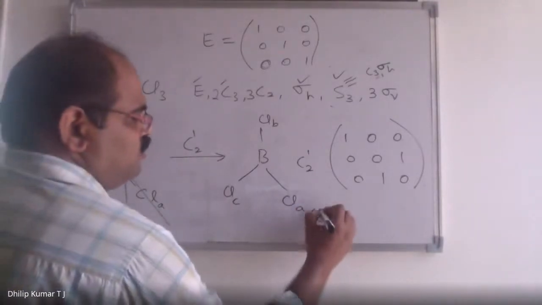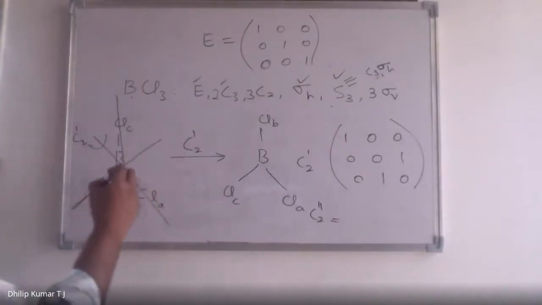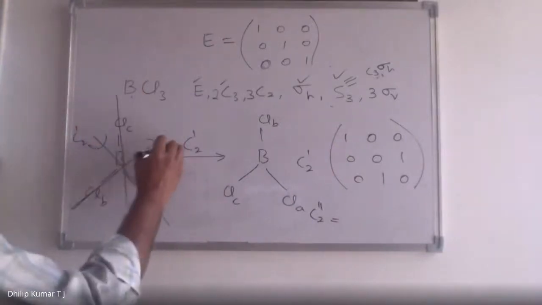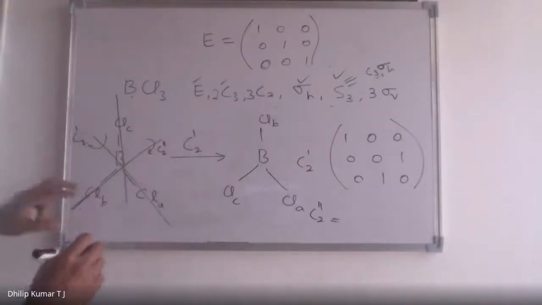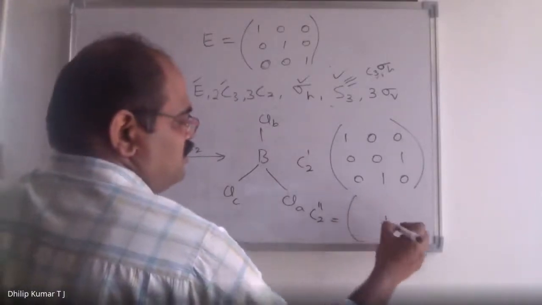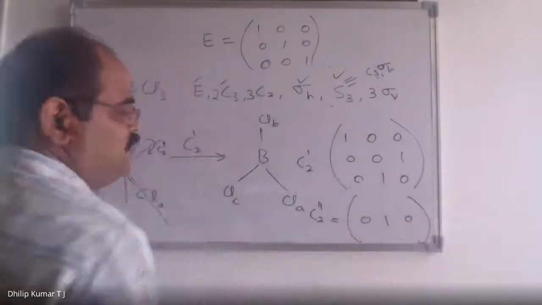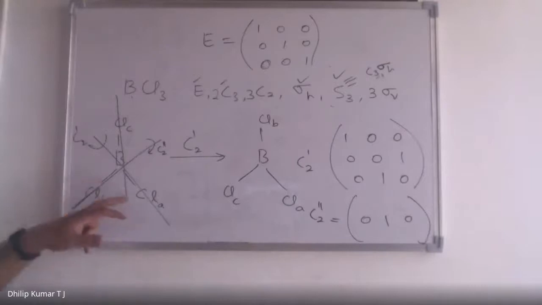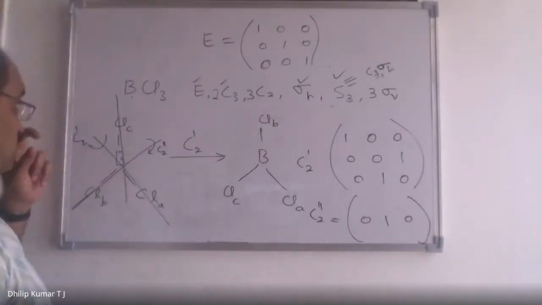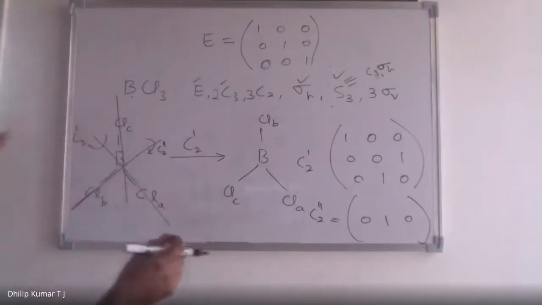Say C2 double prime, just placing over ClB. If you do that, ClB will remain as such in the original position, so this is going to be the same. And then ClA will be interchanged with ClC.